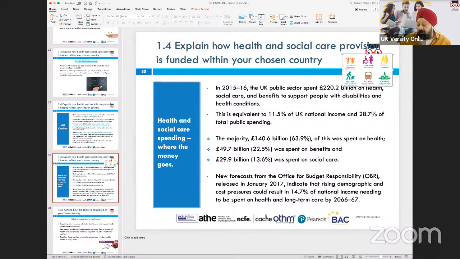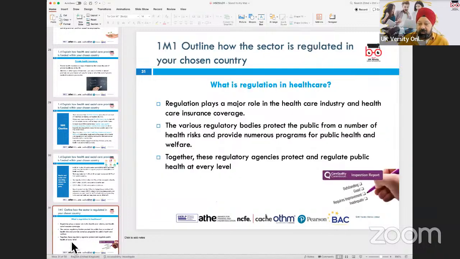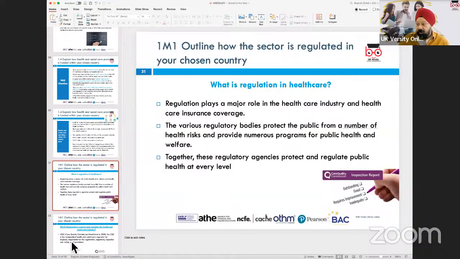There was a lot of ad hoc funding provided by the government to fund the vaccination drive across the country. And in such cases, there would be exigency funds which the government would have. Those would all be providing funding towards the health and social care provision in your chosen country. Any questions on this so far?